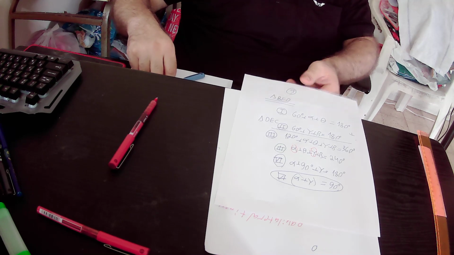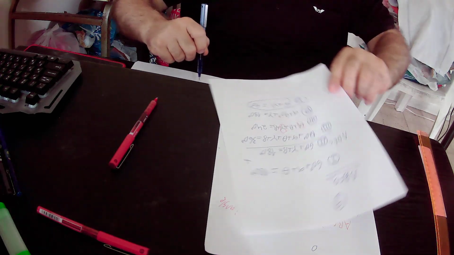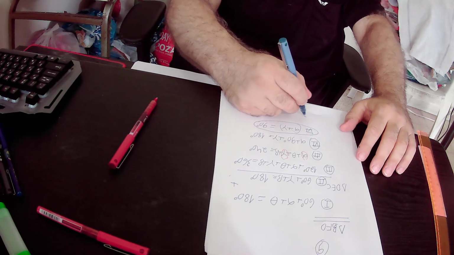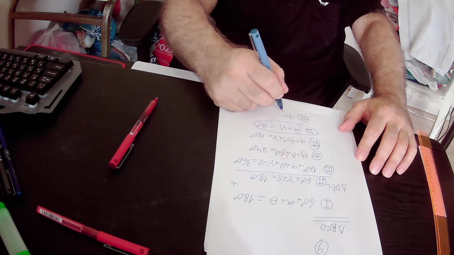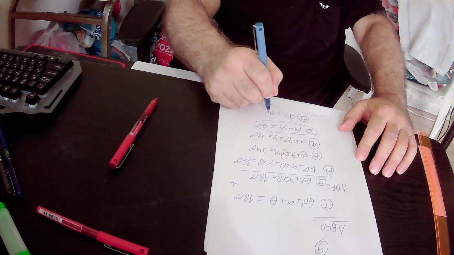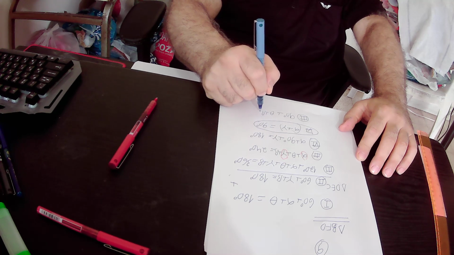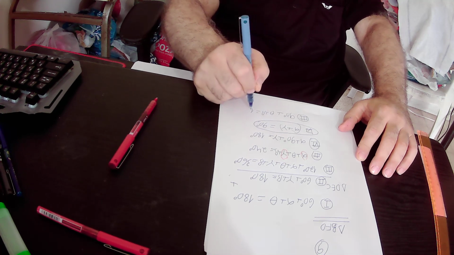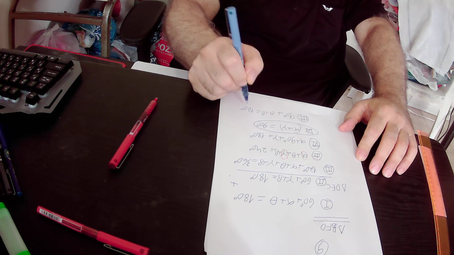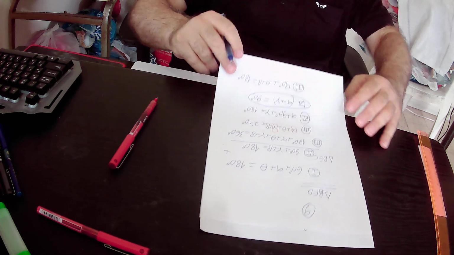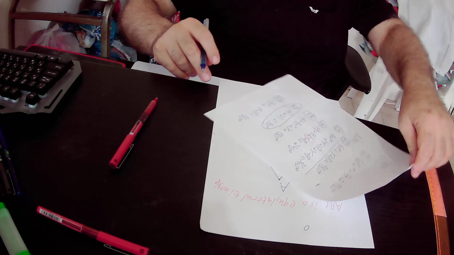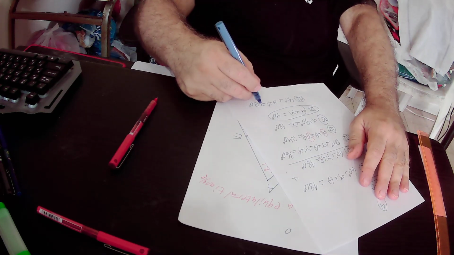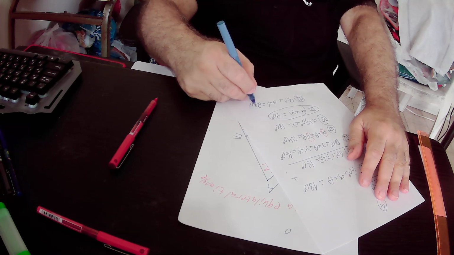And we will get that 90 degrees plus theta plus beta equals 180 degrees, and equals 240 degrees.